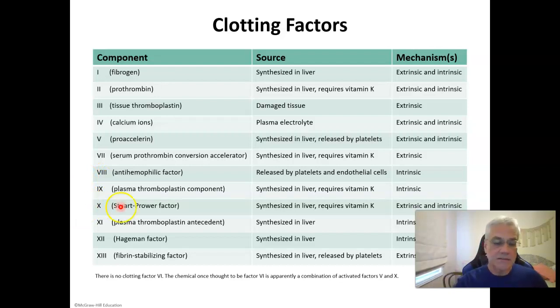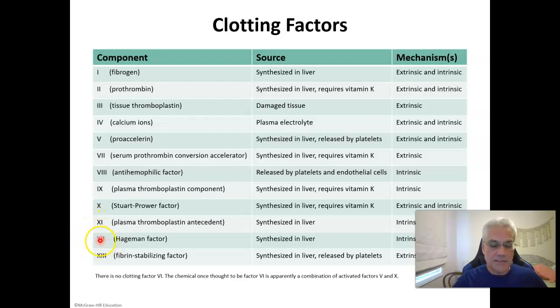Factor 10, you should understand that factor 10 is the conversion point of the intrinsic and extrinsic pathways. They both converge on factor 10. Once 10's going, you're on your way into the common pathway and then to develop fibrinogen.